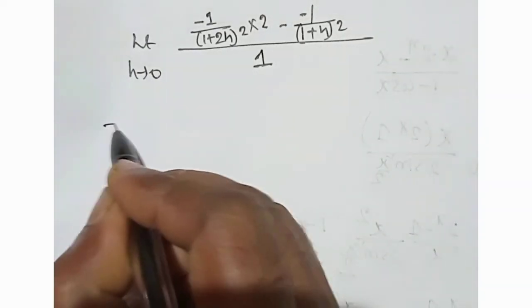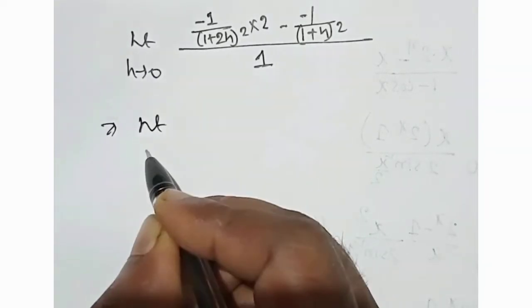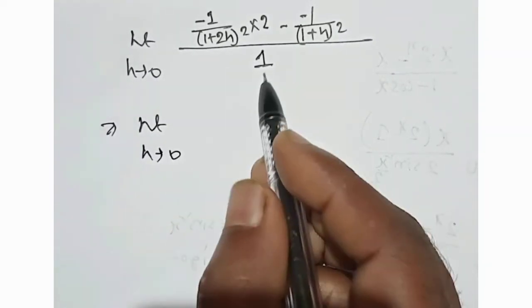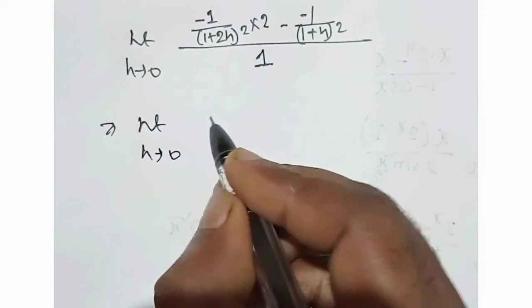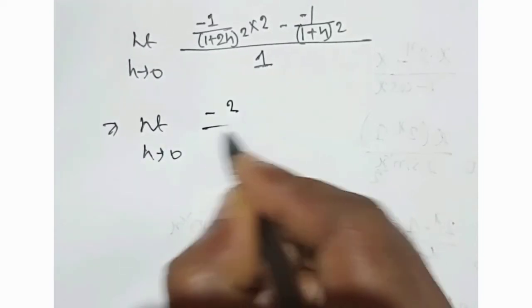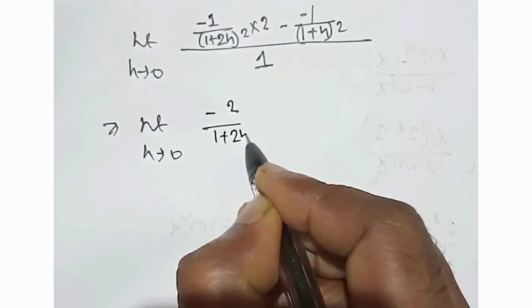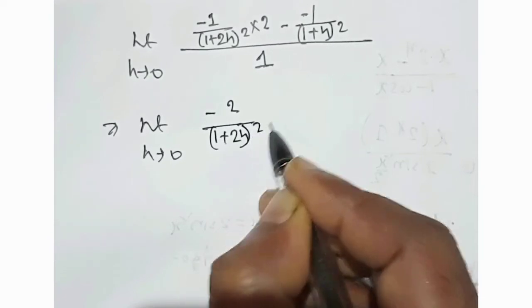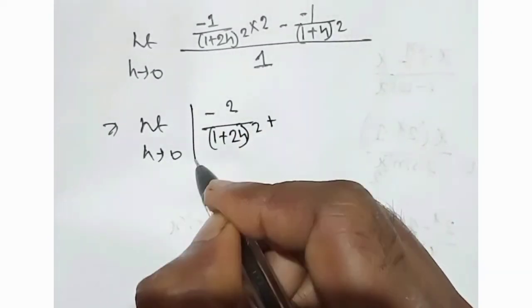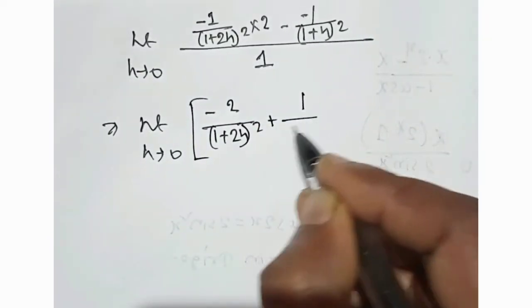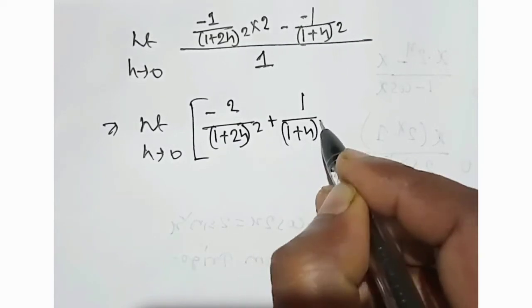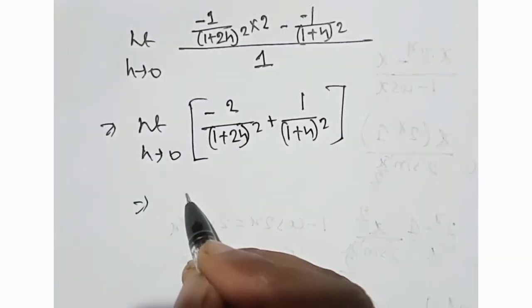So guys, next line we will have limit h tends to 0, as it is 1, so we will simply write limit h tends to 0 of minus 2 by (1 plus 2h) whole square plus 1 by (1 plus h) whole square, right? So guys, simply we will just put the value of h.